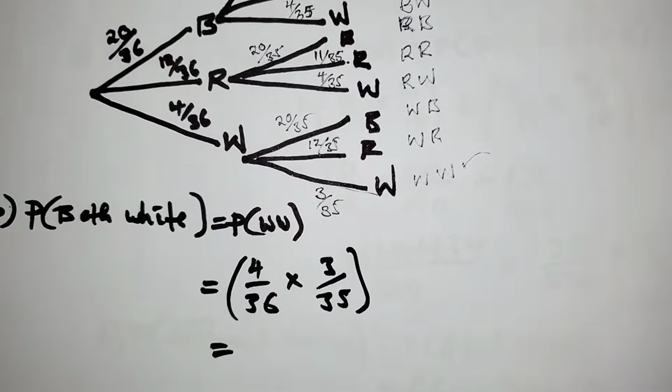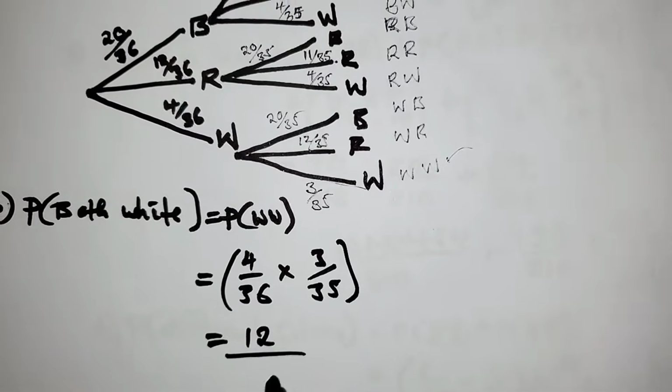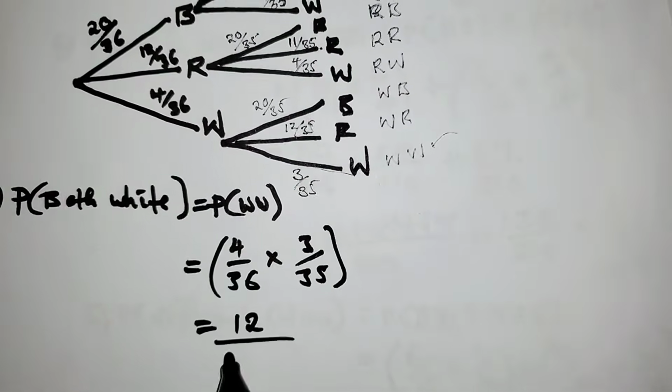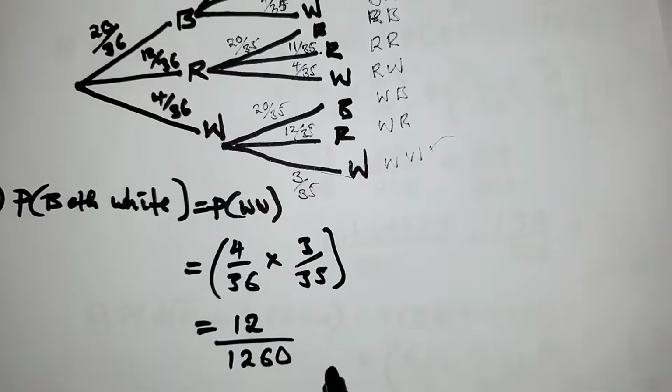Let's calculate everything. 4 times 3 is 12, and 36 times 35, you can use a calculator, is going to give you 1260.